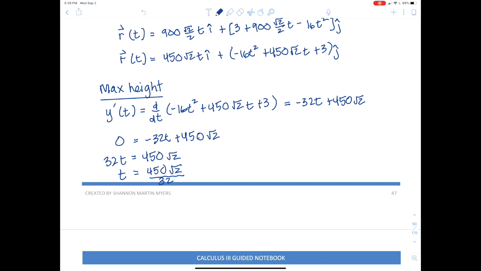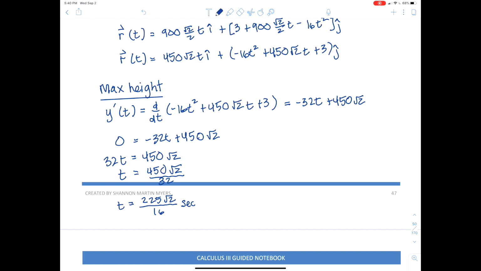So the max height occurs when t is equal to this, which you can definitely take out a 2, right? So we would get 225 root 2 over 16 in seconds. Okay, that's when it occurs, the time it occurs, but we want what the max height is.